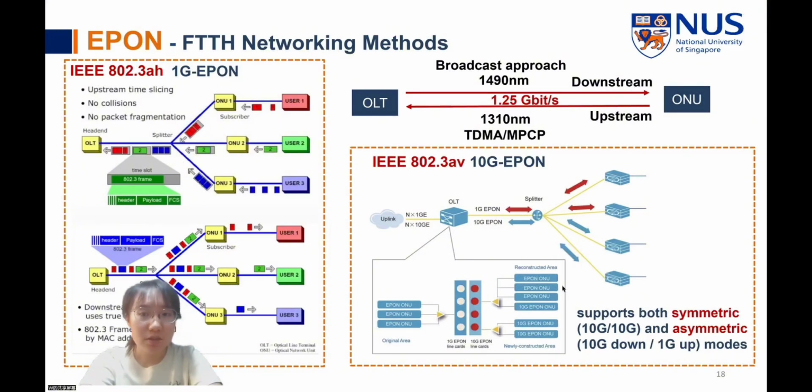For 1G EPON, it combines both Ethernet and PON, and it is based on IEEE 802.3ah here. It uses standard Ethernet frames and a point-to-multipoint fiber network. Also, it uses a single fiber for both upstream and downstream, by using two wavelengths, like I show here.